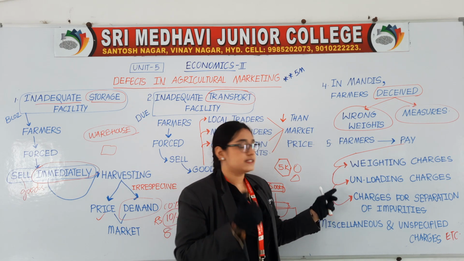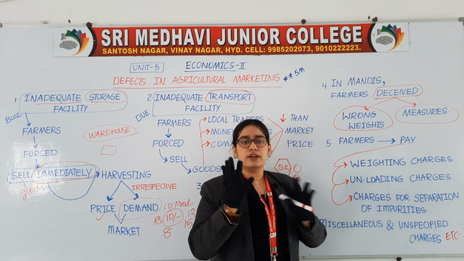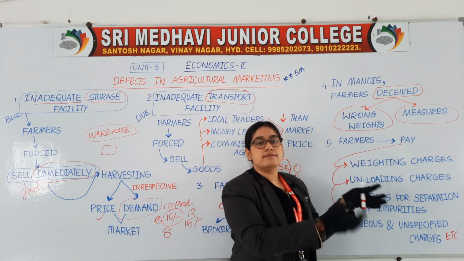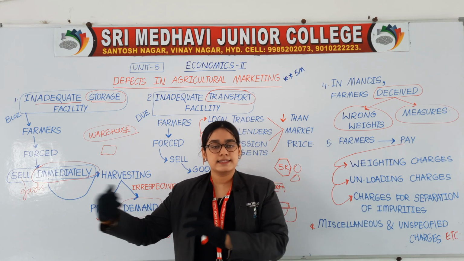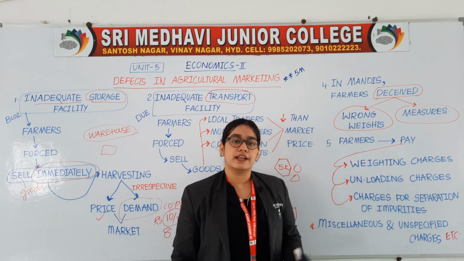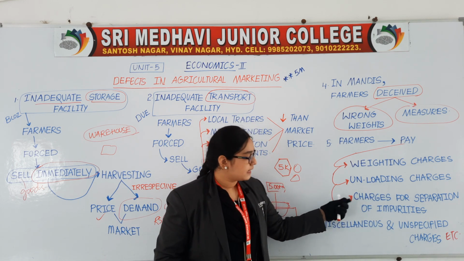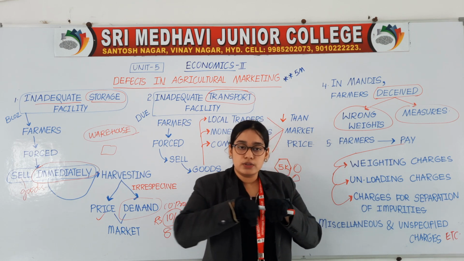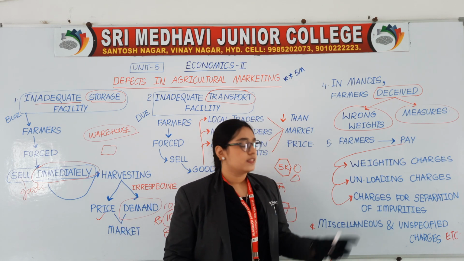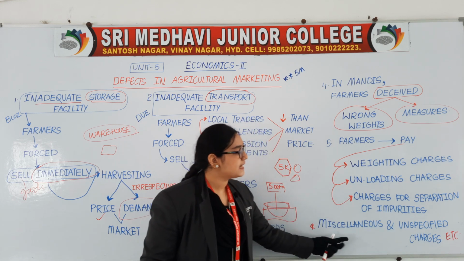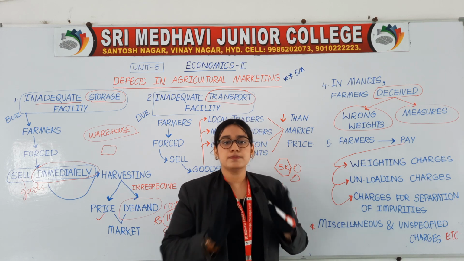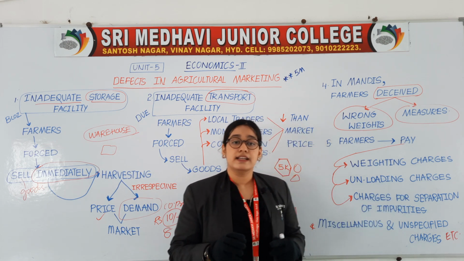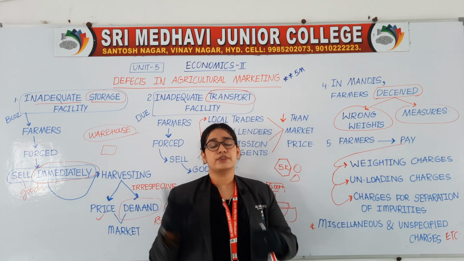Then unloading charges: loading means filling the vehicle with goods, and unloading is removing all those goods and supplying them to the traders. For this also they need to pay charges. Then the charges for separation of impurities. If there are impurities, in order to separate them and make the goods pure, they need to pay charges again. And miscellaneous means very small expenses, and unspecified charges. Specifically they won't say you need to pay for this or that. Directly they will charge some excess money for this or that reason.